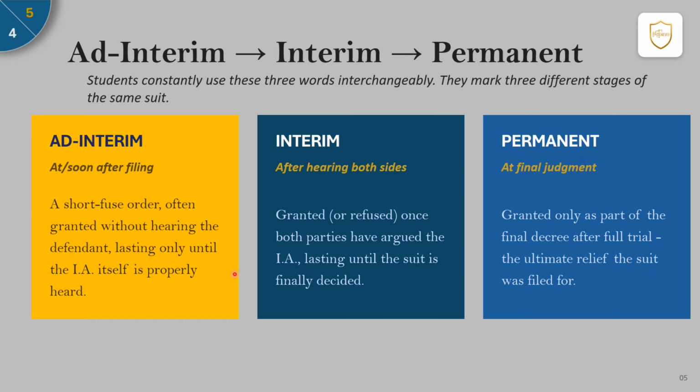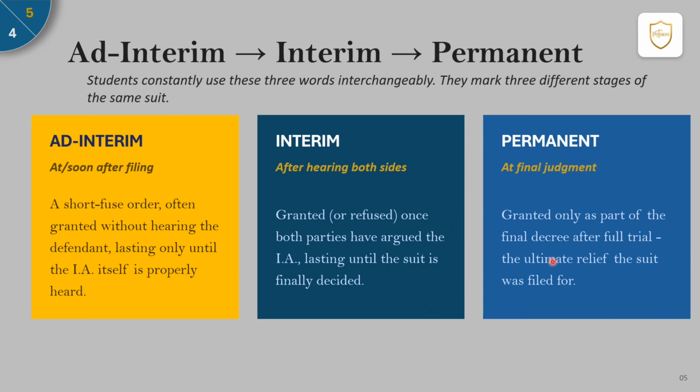The interim comes next, which is granted or refused only after both parties have argued the IA, and it lasts until the suit is finally decided, which could be years away. And the permanent comes last, because it is granted only as part of the final judgment after a complete trial, and that is the ultimate relief the suit was filed to obtain.